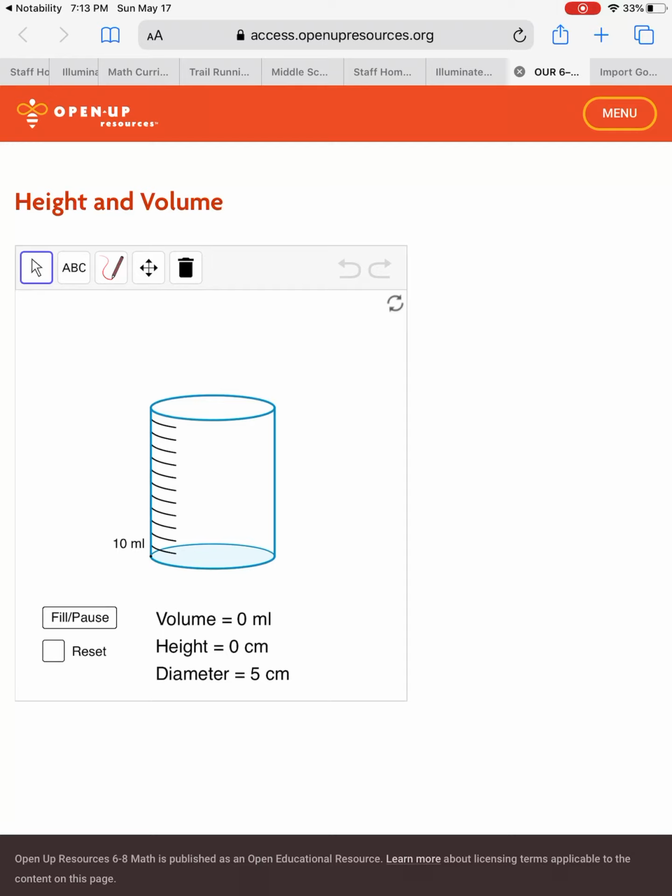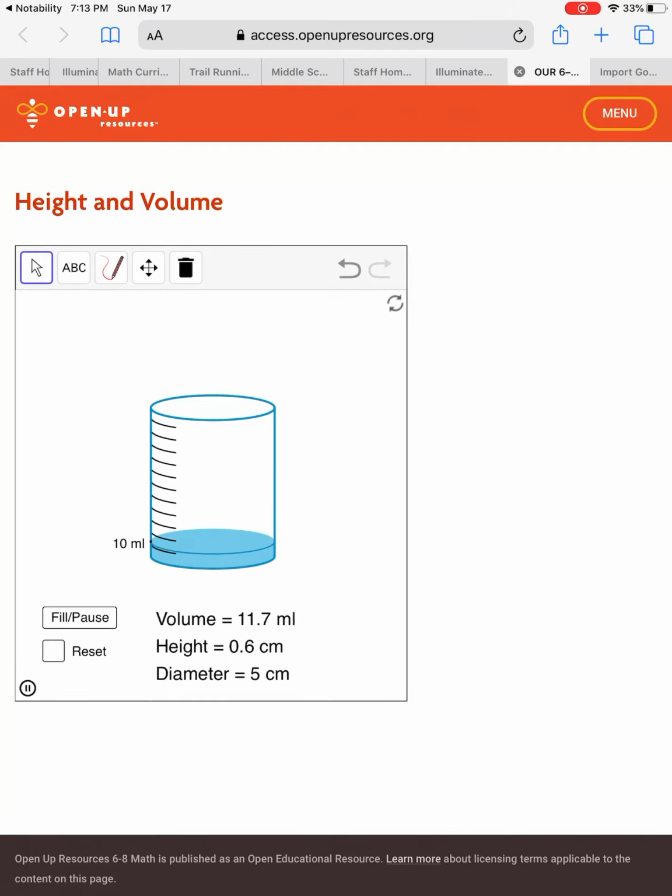Okay, that's interesting. Is it not going to work? Okay, there it goes. Cool. So your volume is at 0, your height's at 0, the diameter is 5 centimeters. So let's fill it and stop. Oh, wow. Okay, let's reset it. Just ignore that. Let's try to fill it to 10.